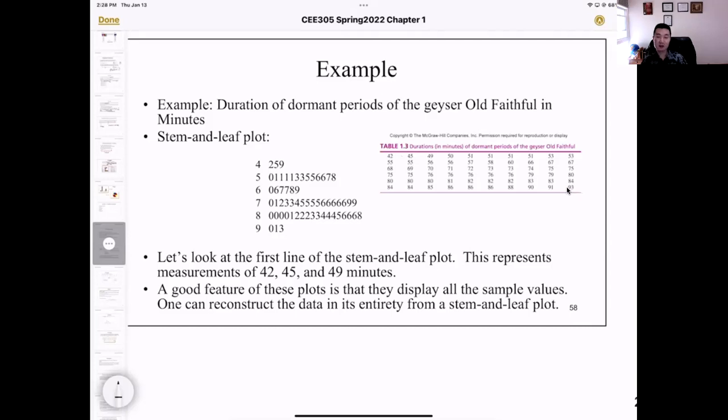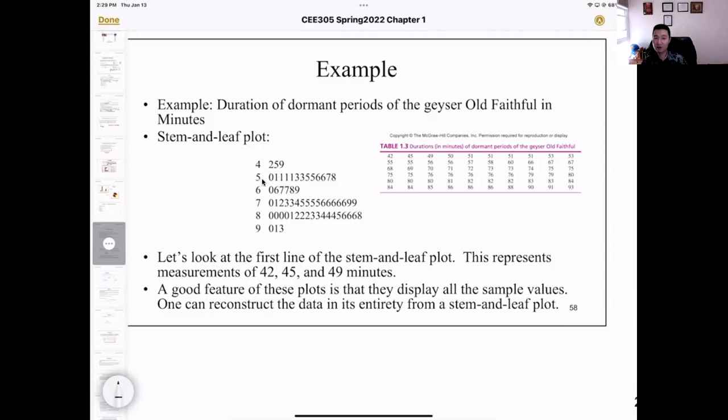So if we plot this data into a stem and leaf plot, for example, under 40 we have three values: 42, 45, and 49.